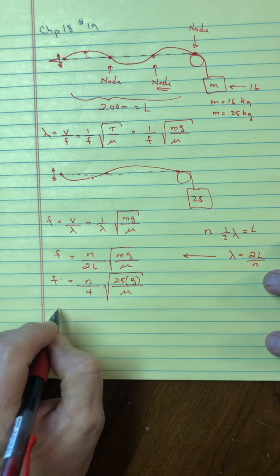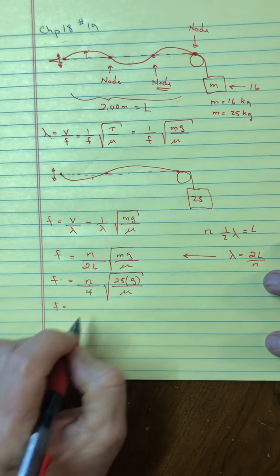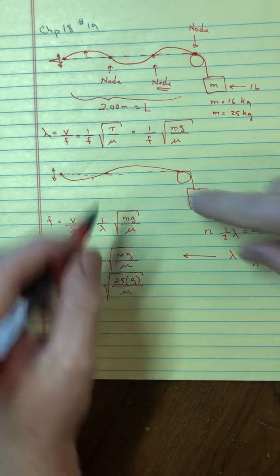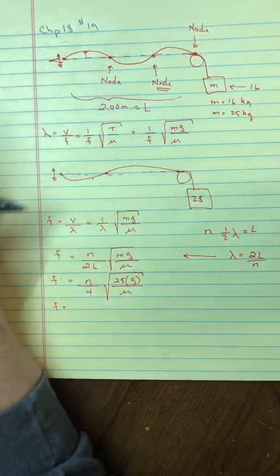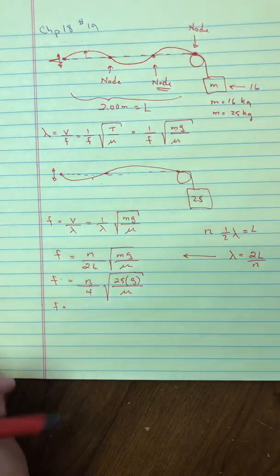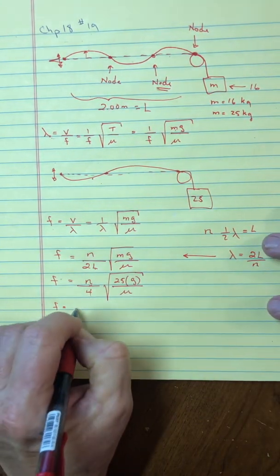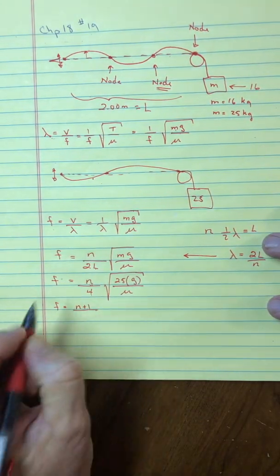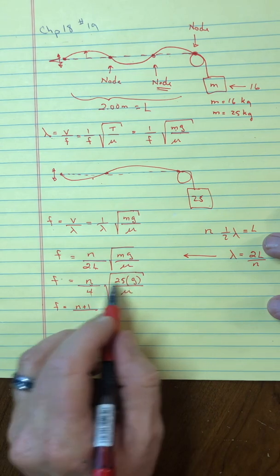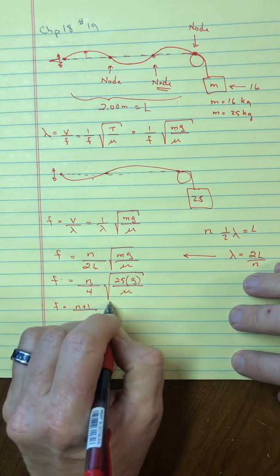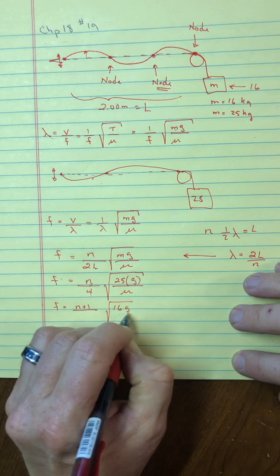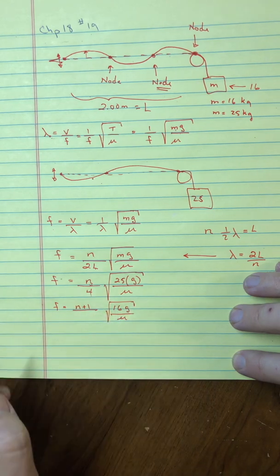So let me go ahead and say F equals. And now it would be one more harmonic. They made that very clear. There was nothing in between. So this would be n plus 1. So however many harmonics I had when I was 25, I'm going to have one more when I hang 16.